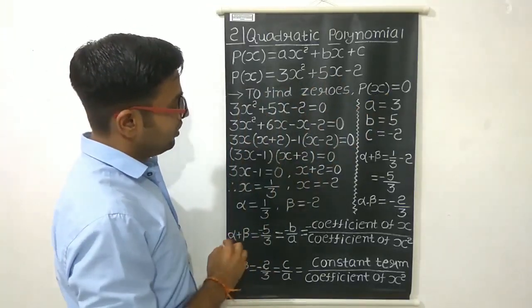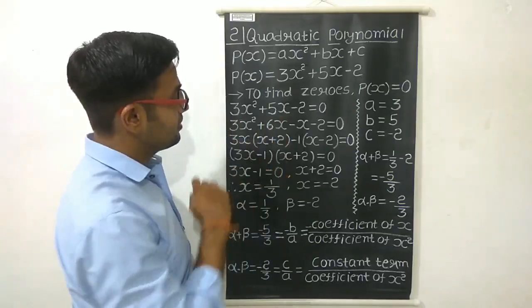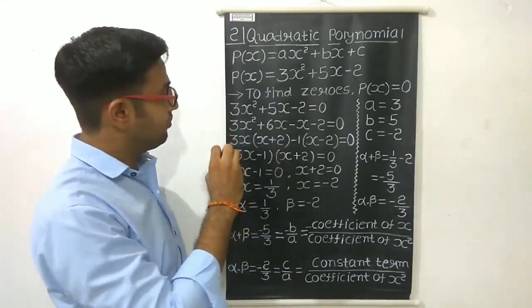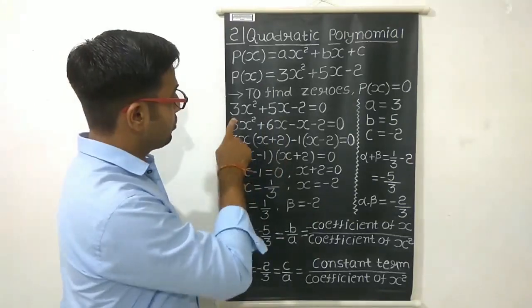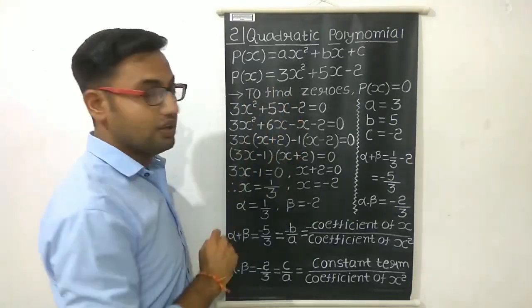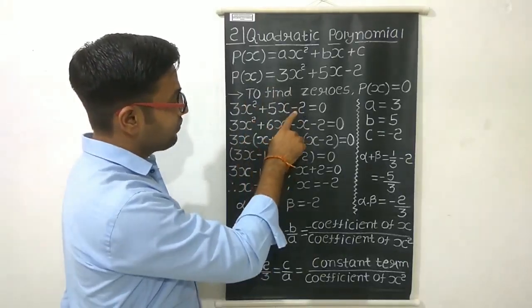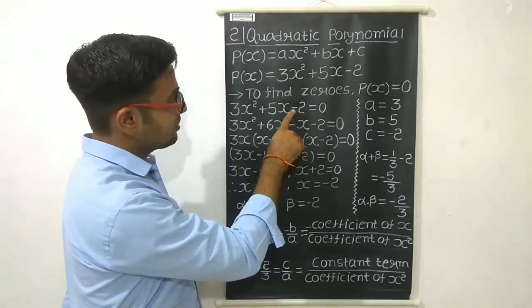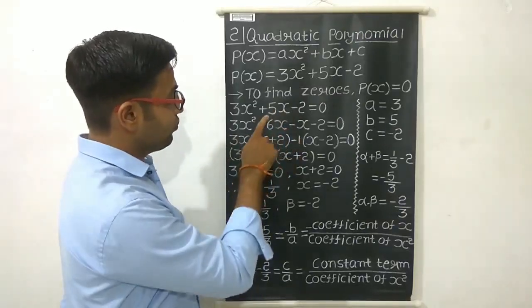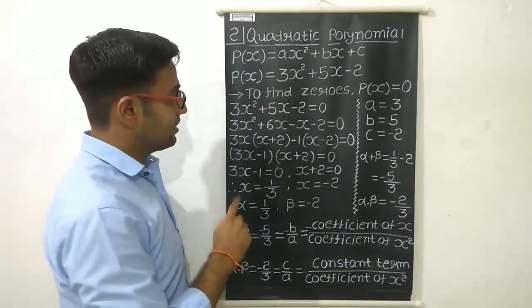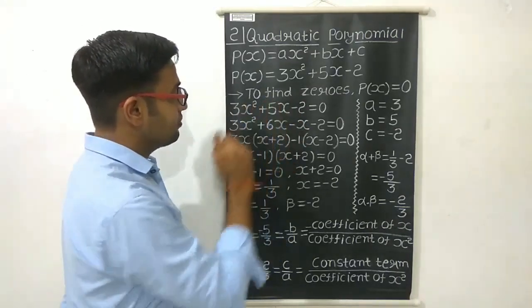Now to factorize this, we have to use the splitting the middle term method. 3 twos are 6. We have to factorize 6 such that the difference of the factors gives us 5. So we factorize 6 as 6 times 1, such that 6 minus 1 becomes 5.